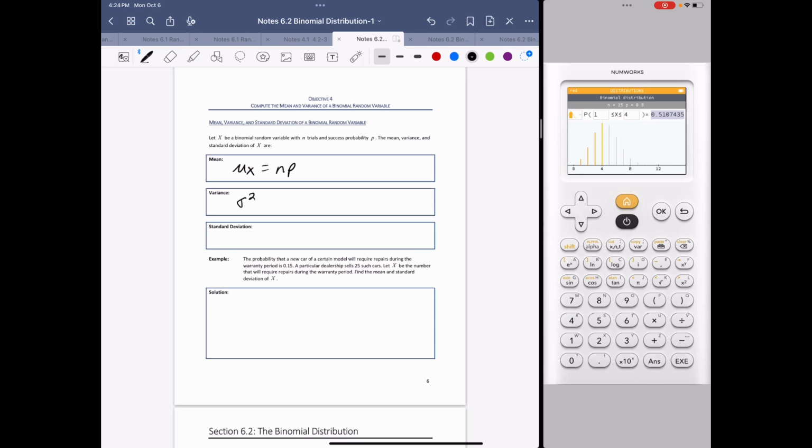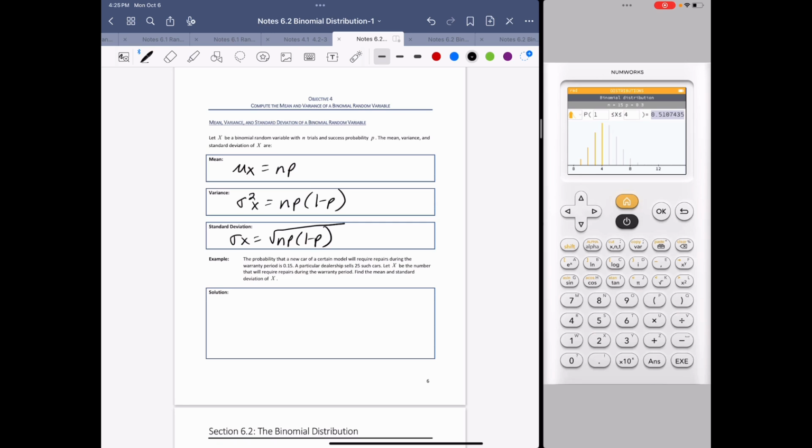Variance is NP times the quantity 1 minus P. And standard deviation, we know, is just the square root of the variance. Instead of just saying square root of the variance symbol, I'm going to say the square root of NP times 1 minus P.